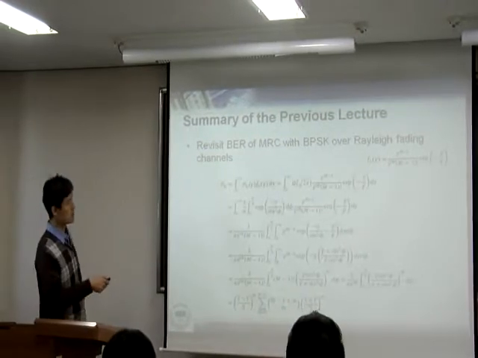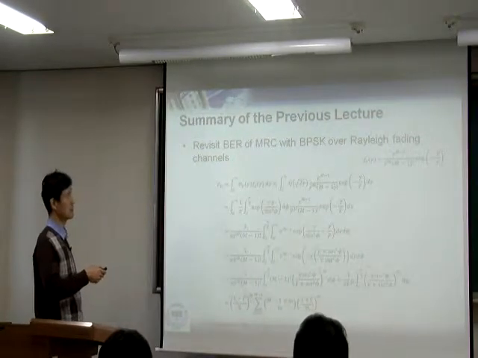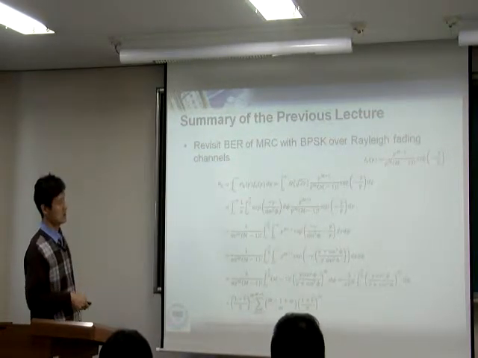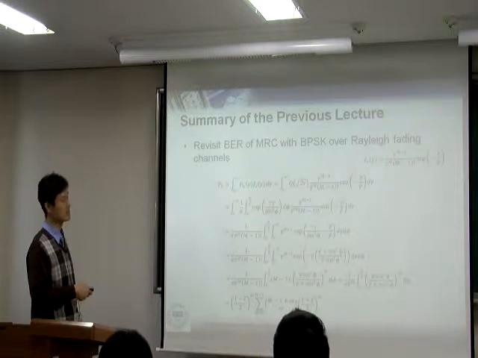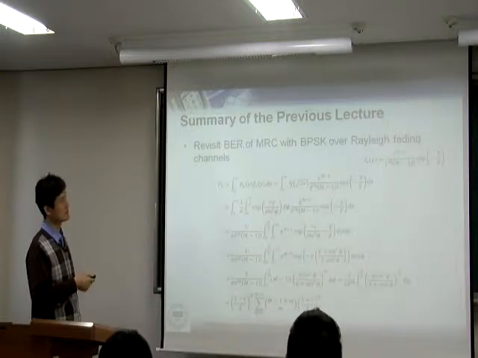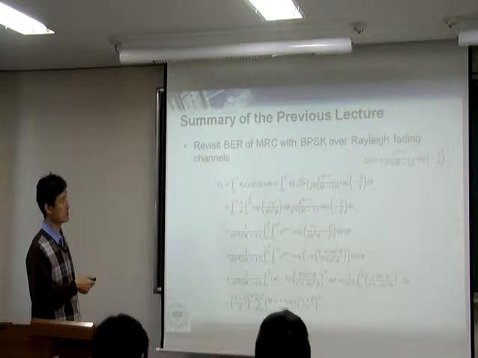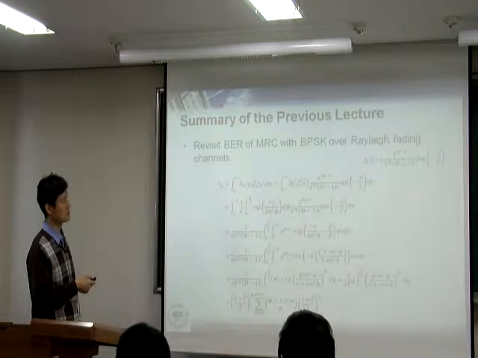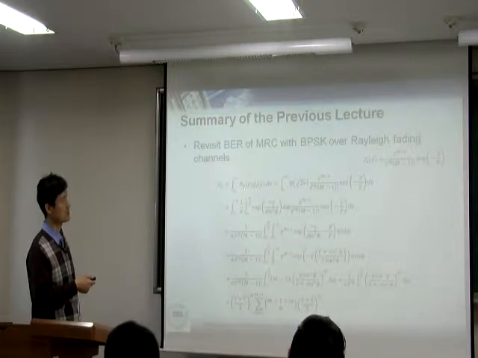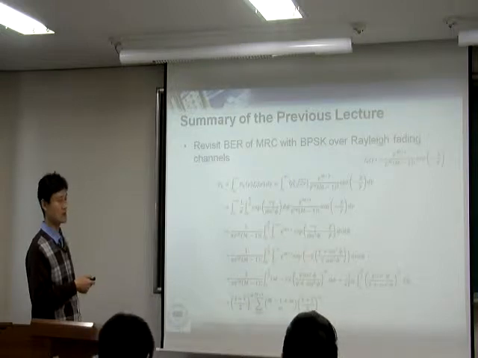These are examples of BER in the case of MRC. This one, in fact, was one of the midterm questions. We always start from this generic integral equation. This is the probability in case of AWGN, and this is the PDF of your SNR.